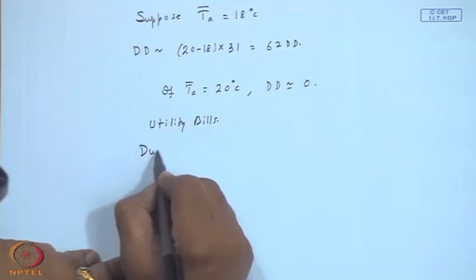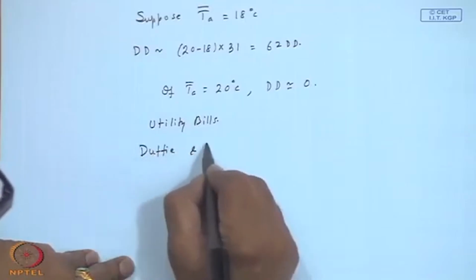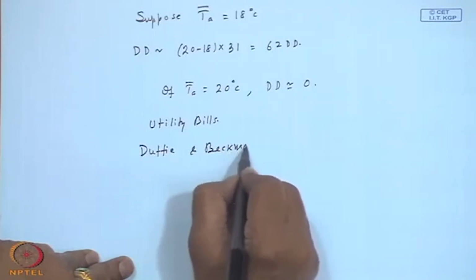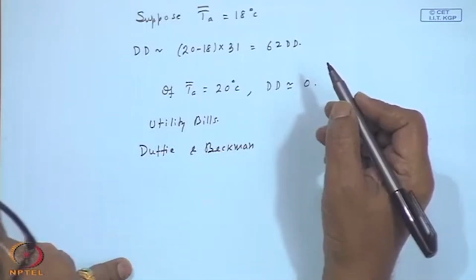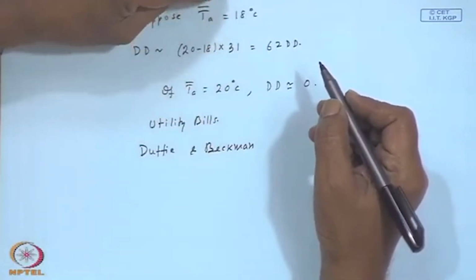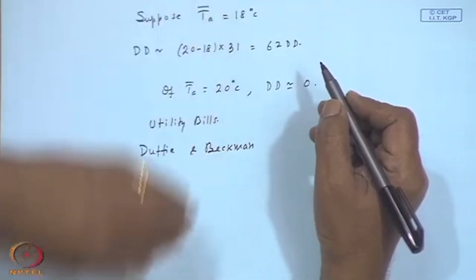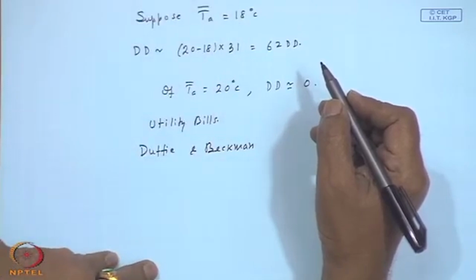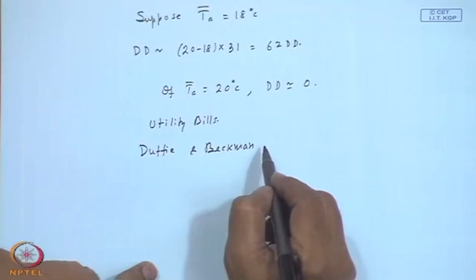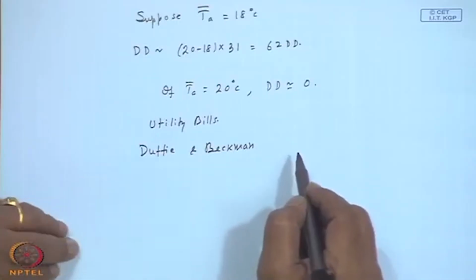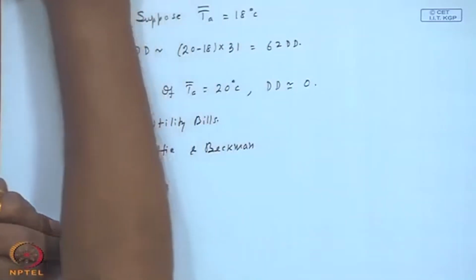You can see the data given in perhaps the textbook by Duffie and Beckman, because that has a large database, 240 locations or so, and the latitudes are much higher than the latitudes in India, in Northern America, where the ambient temperatures are much lower. So, you will have a good number of degree days of heating requirement, and hence you can check the formula and the approximate formula. Okay, that is about the degree days.